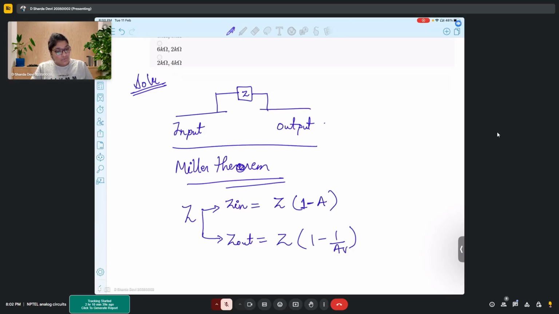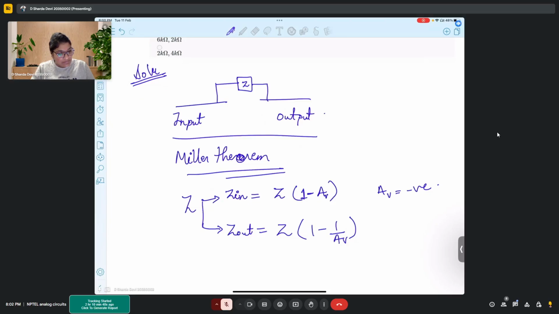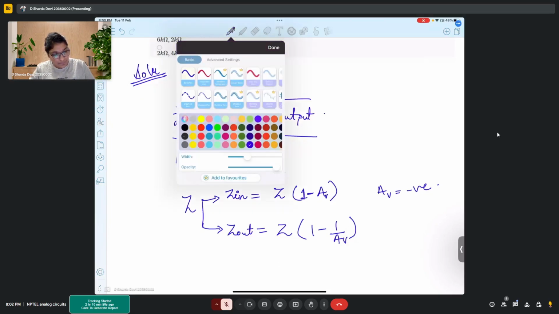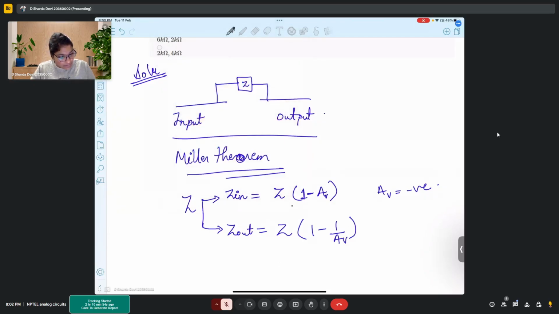Most of the time our gain AV is negative, because of which these convert to Z times 1 plus AV, and this converts to Z times 1 plus 1 by AV. This is basically because of the signs and conventions.